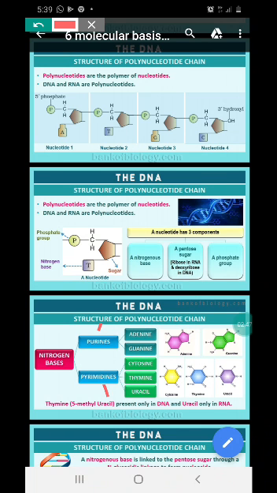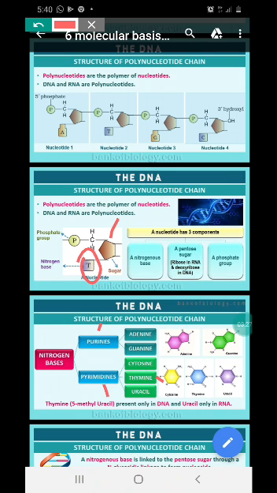For example, in this nucleotide, one nucleotide, a thymine, yes, thymine is a pyrimidine, right? Pyrimidine combines with a sugar molecule, 5-carbon sugar molecule. Clear? When a nitrogenous base combines with the 5OH of the sugar molecule, it forms a nucleoside.